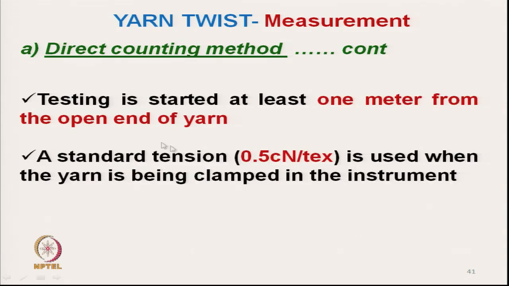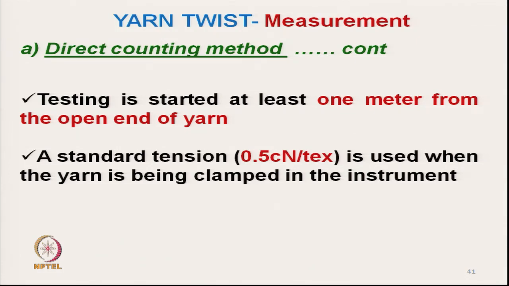Now, the testing is started at least 1 meter from the open end of the yarn, that we have discussed during sampling. We have to take the yarn at least 1 meter away from the end, because if we take it at the end, that may give a wrong result because of the torque present in the yarn.